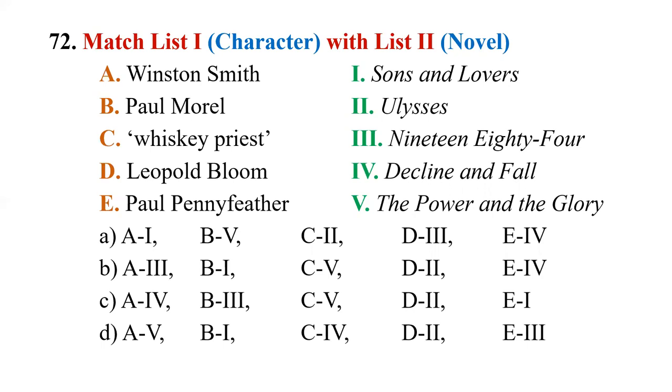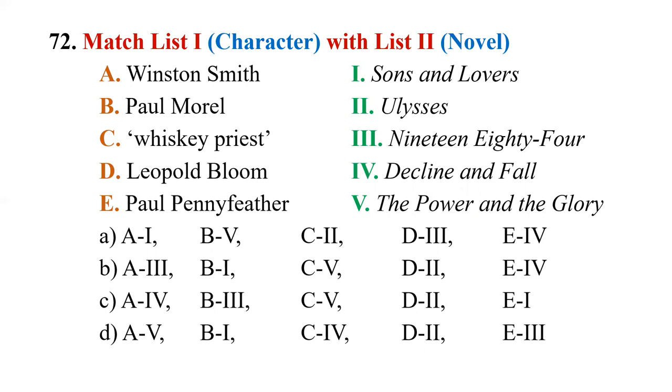So some of the characters are well-known characters in literature, especially novels here. At least if you are able to identify 1 or 2, then we can eliminate options. Let's see, we have a character Paul Morel, B, which is a famous character created by D.H. Lawrence in his work, Sons and Lovers. If you can identify B, Paul Morel, with 1, Sons and Lovers, we can eliminate 2 options, because option B, we have B1, then option D, B1.